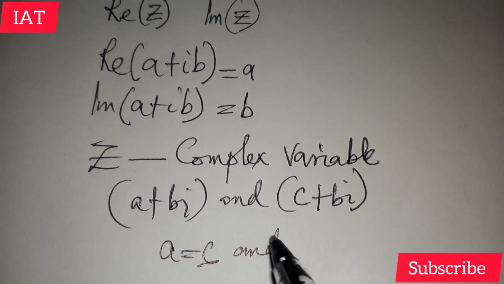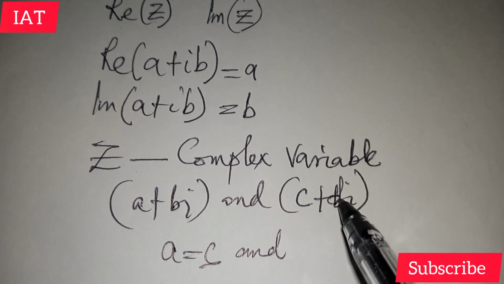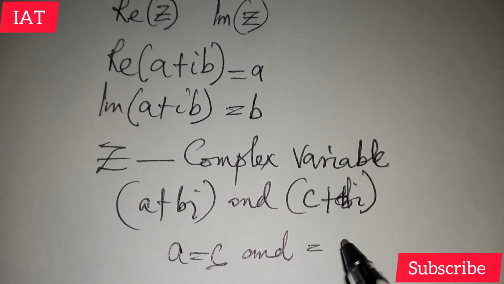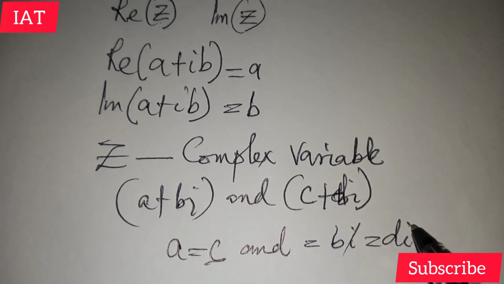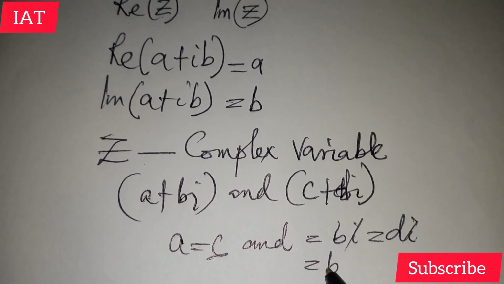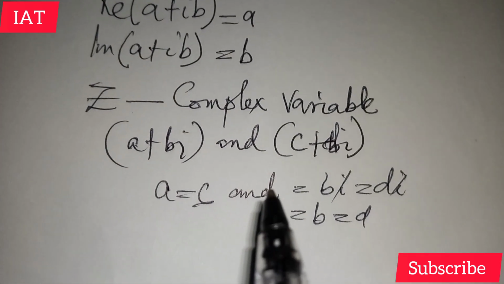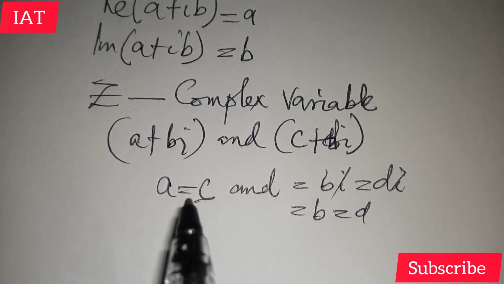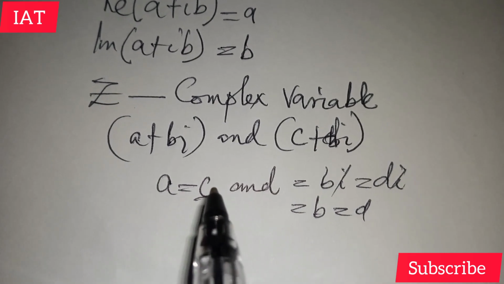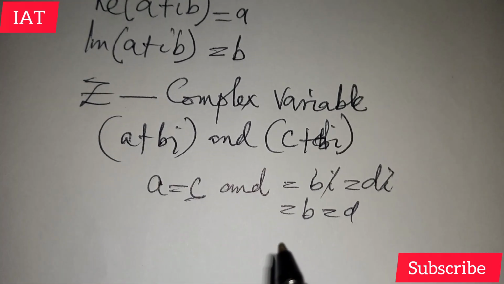Instead of writing bi equal to di, we know that i can cancel each other, so we simply say b equals d. Take note of that. When two complex numbers are equal, the law will only hold if and only if a is equal to c and b is equal to d. So that will help a lot.